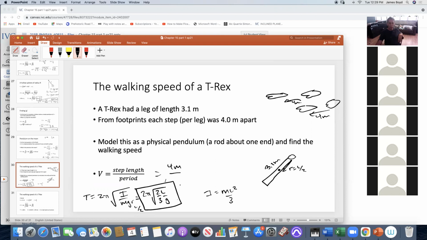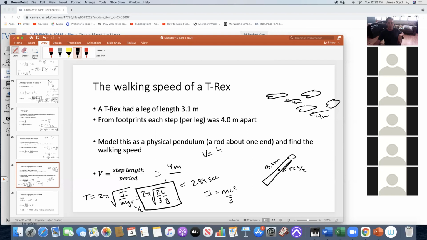So what is our period here? 2π times the square root of 2 times the length, 2 times 3.1, 6.2, divided by 3 times g, 9.8, and I get 2.89, let's call it, 2.89 seconds.